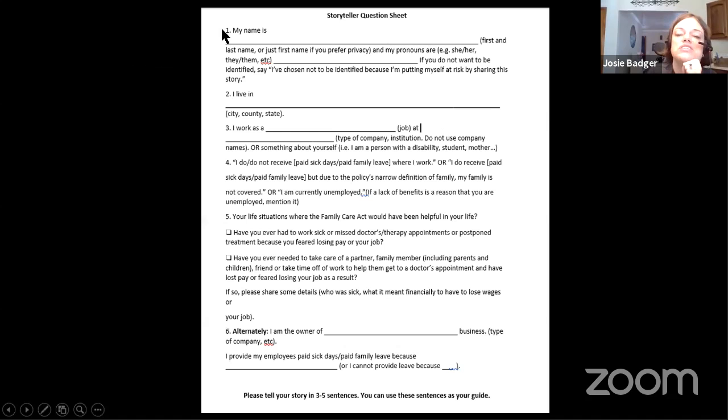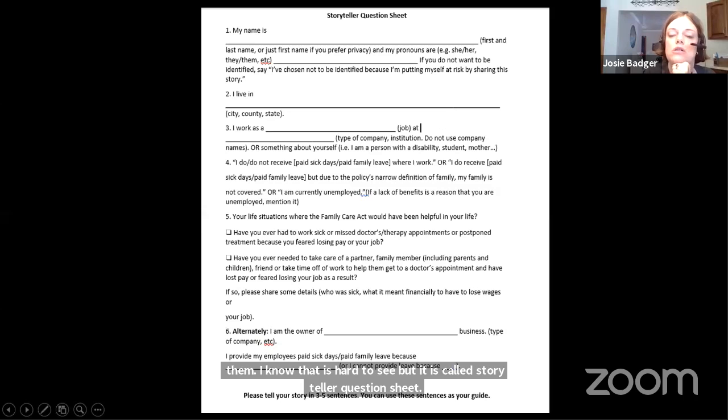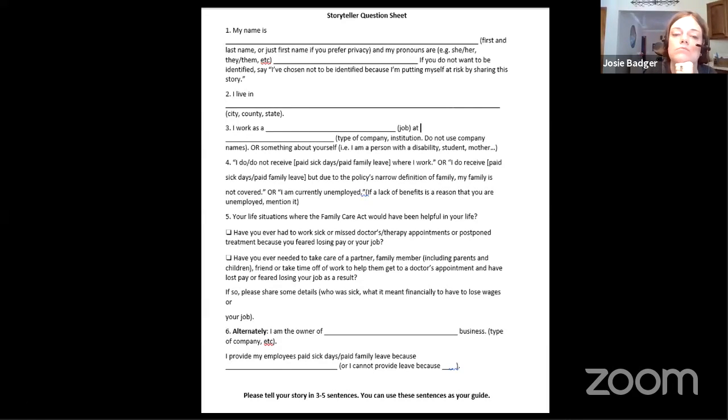I know that's hard to see, but it's called Storyteller Question Sheet. And it's sort of a fill in the blank. And some of these will not necessarily apply to your life, but I wanted to give you kind of a prototype of what your story could look like.